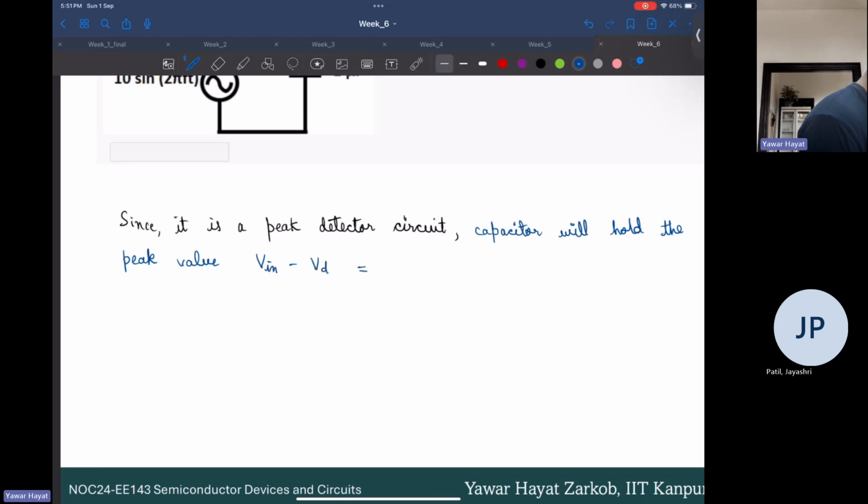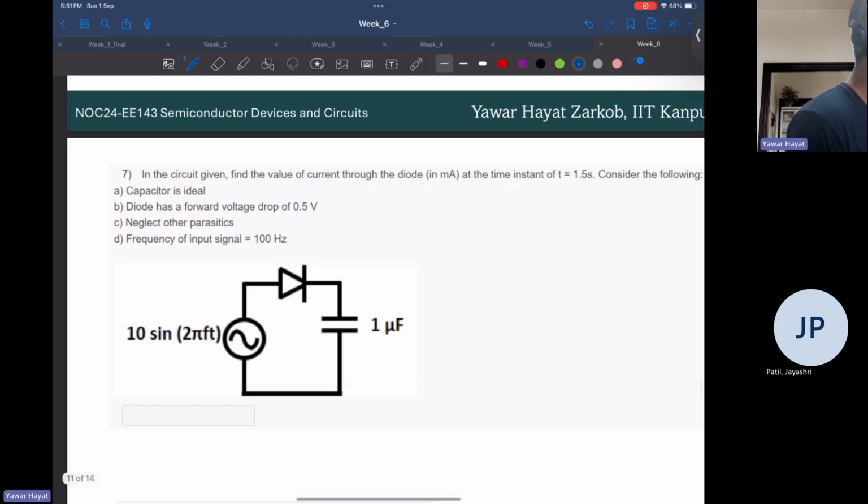And that is equal to 10 minus 0.5, which is nothing but 9.5 volts, right? Moving on to the next one.